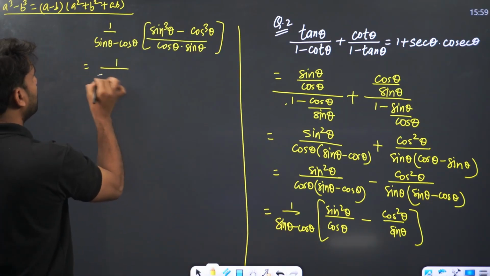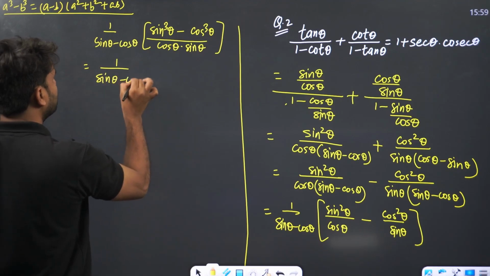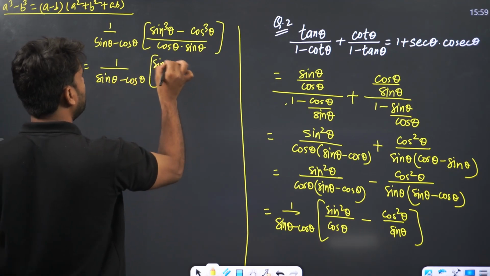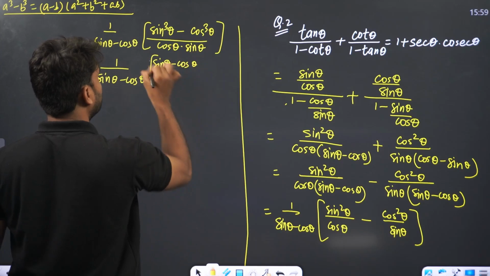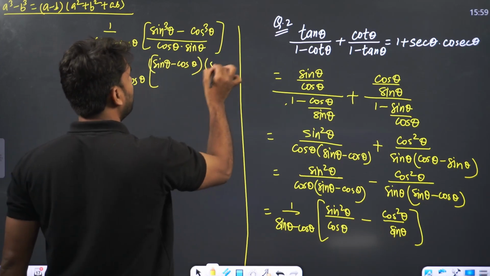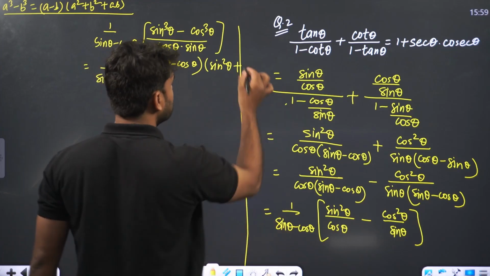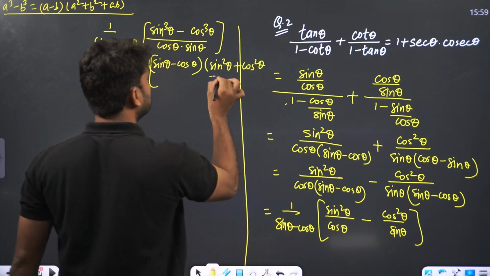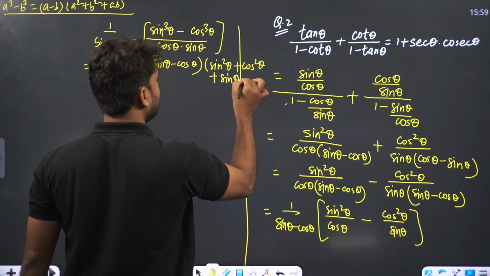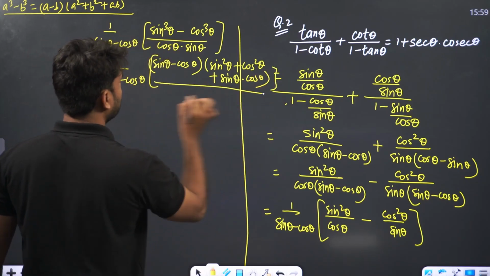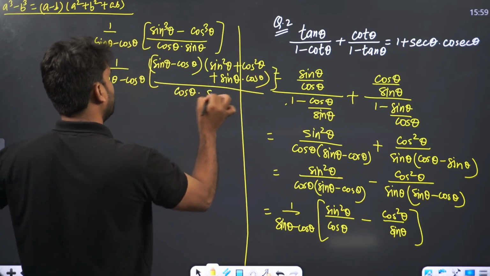So 1 by sin theta minus cos theta, and this will be a minus b, sin theta minus cos theta. Clear everyone? And this will be a square plus b square, cos square theta, plus ab, sin theta into cos theta, bracket close, and divided by cos theta into sin theta.